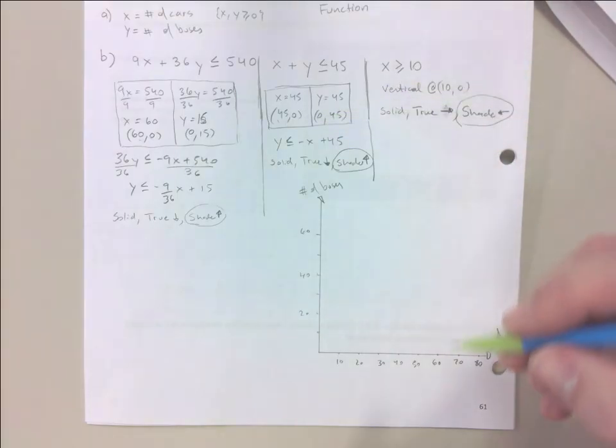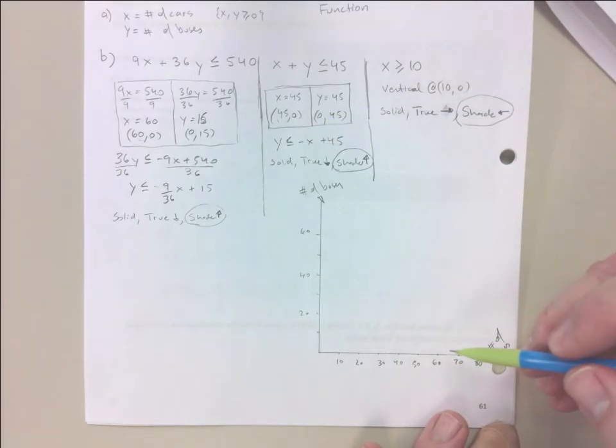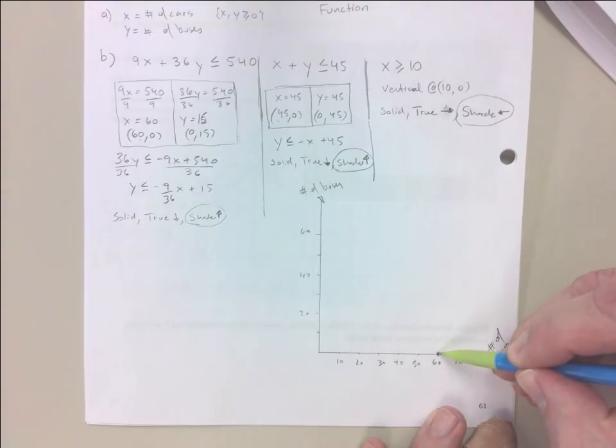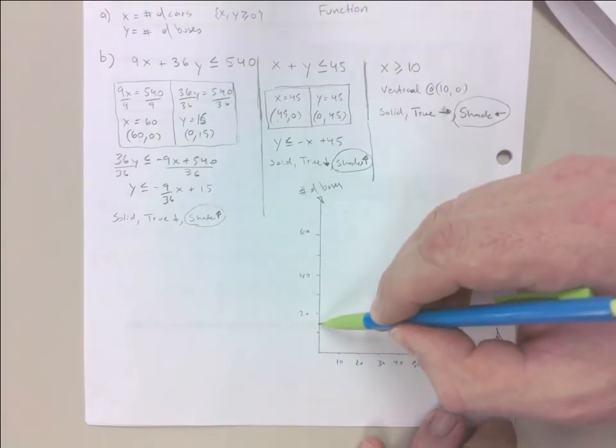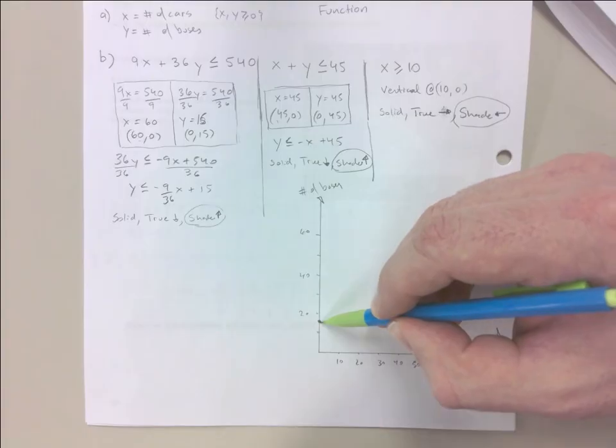First line, 60, 0, 0, 15, right about there.